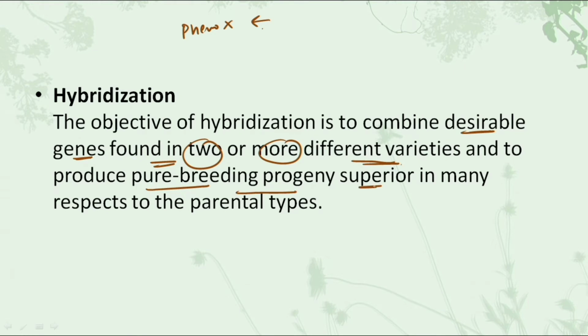These progenies produced as a result of the combination are superior to the parental types in many respects. That is, these pure line progenies must have some extra advantage or some extra characteristics as compared to the parental types.